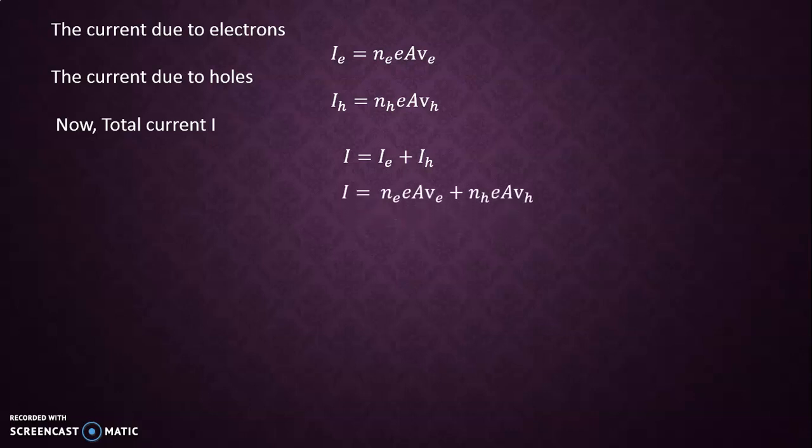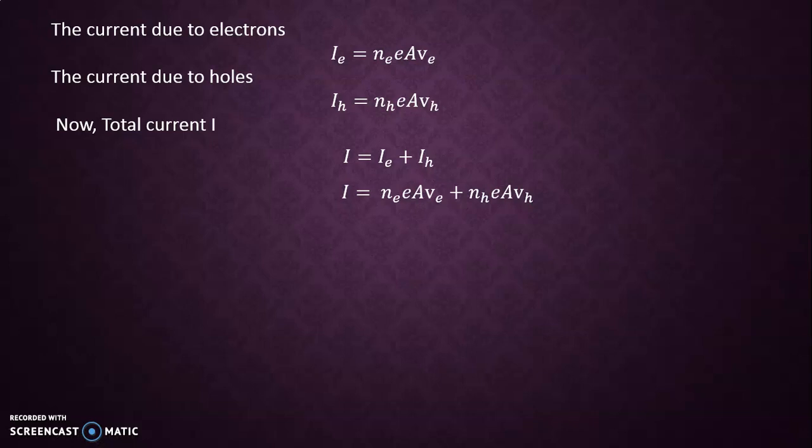So total current I becomes n_e into e into A v_e plus n_h into e into A v_h. This is the total current passing through a semiconductor.